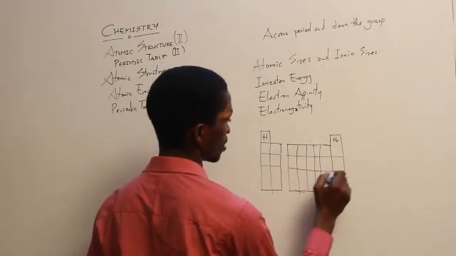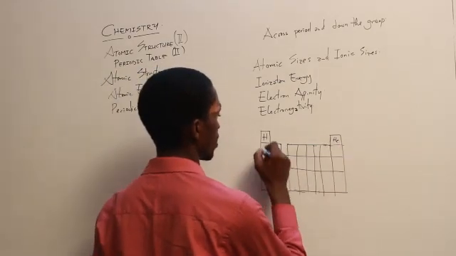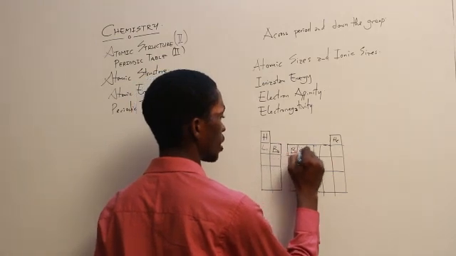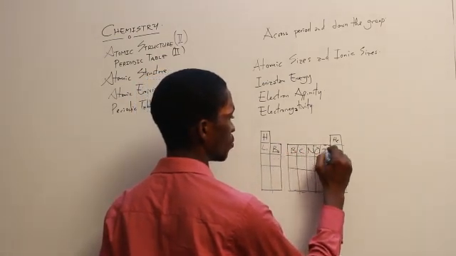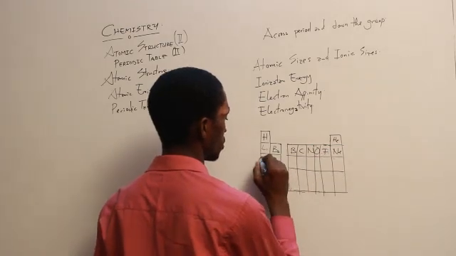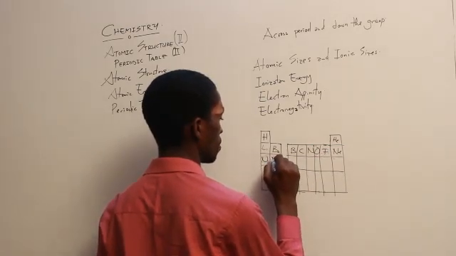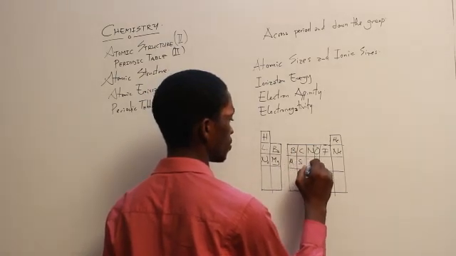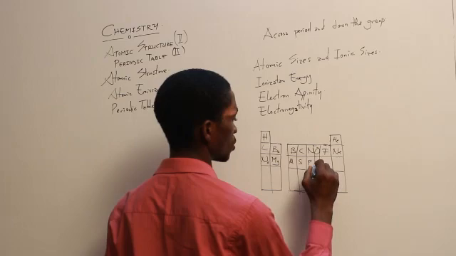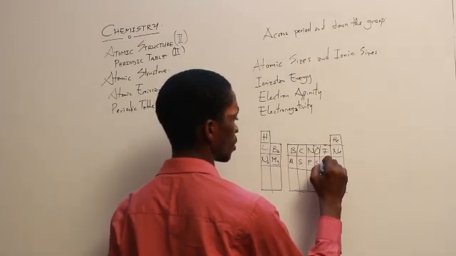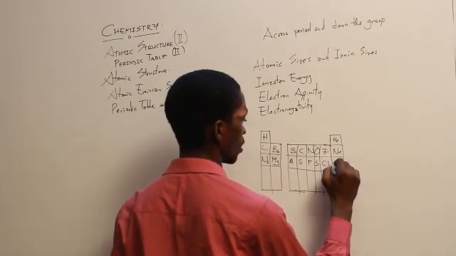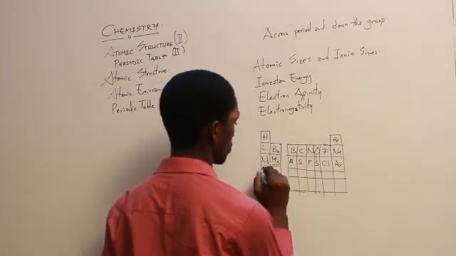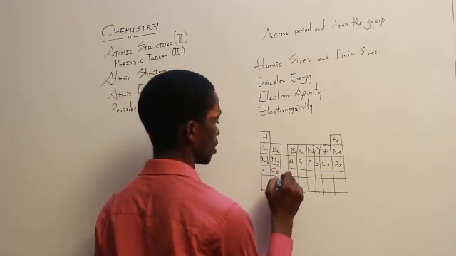And let's fill in our first 20 elements. We have hydrogen, helium, lithium, beryllium, boron, carbon, nitrogen, oxygen, fluorine, neon, sodium, magnesium, aluminium, silicon, phosphorus, sulfur, chlorine, argon, then we have potassium and calcium.